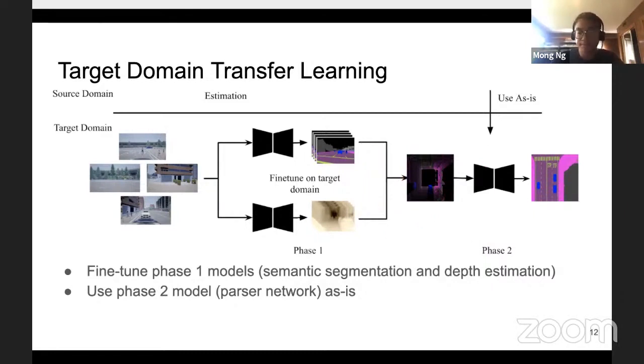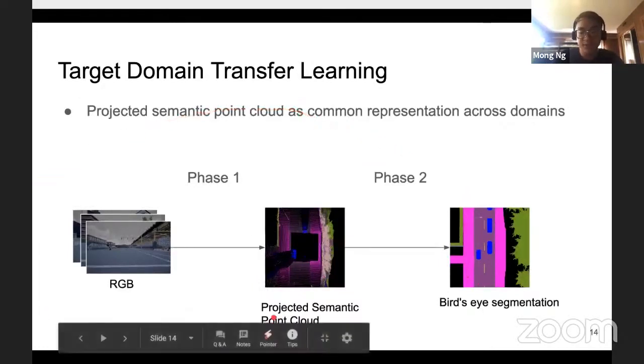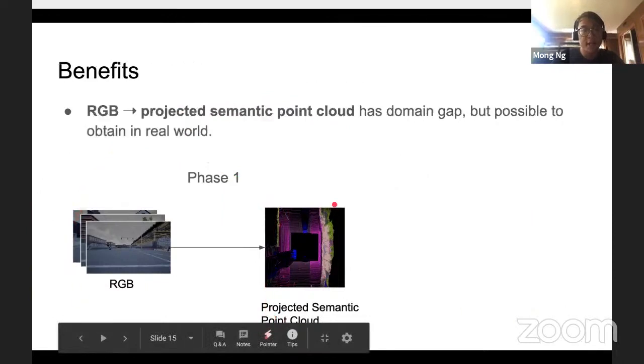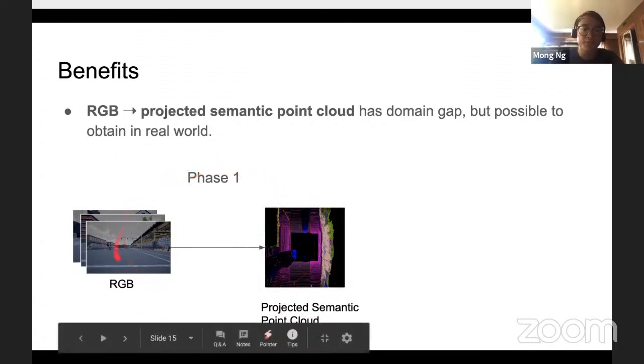To elaborate, here's a simplified version of our pipeline. In phase 1, going from RGB to projective semantic point cloud, even though there's a domain gap in the RGB images, because we're able to collect this kind of data in any target domain, we're able to fine-tune the whole phase 1 model.